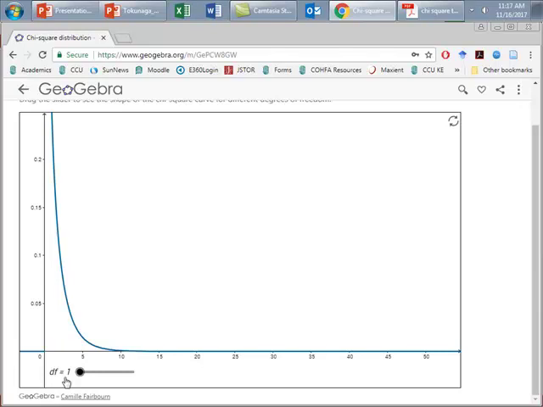As we increase our degrees of freedom, let's see if I can get this thing to work right. The shape changes. At 3 degrees of freedom, we kind of see the peak, right? We see the up and down part of it. 3 to 4, it starts to flatten out. 5, 6, 7, keeps flattening out.